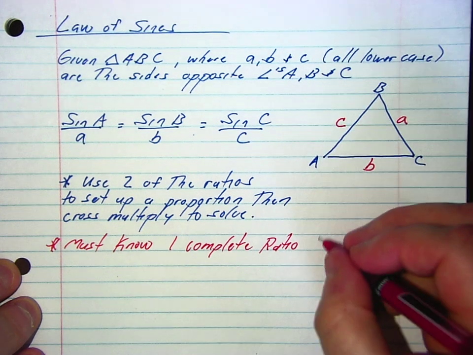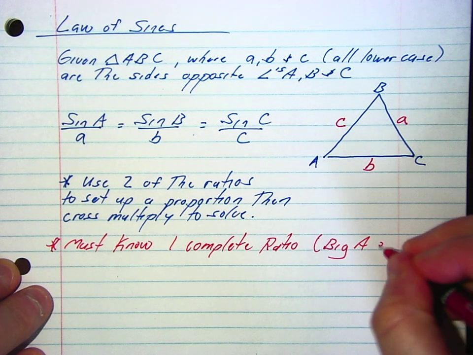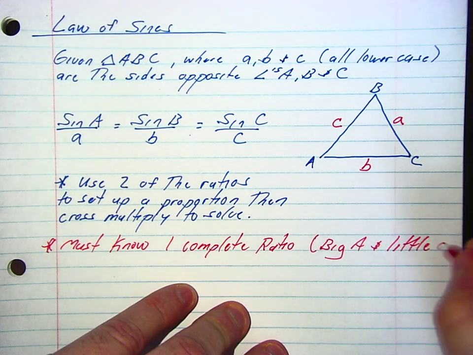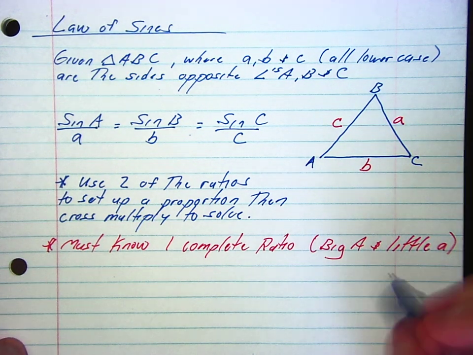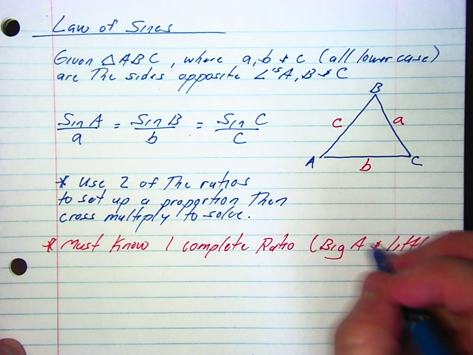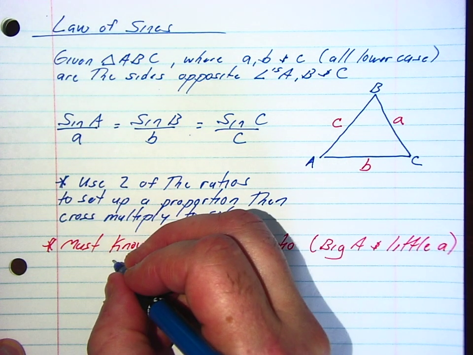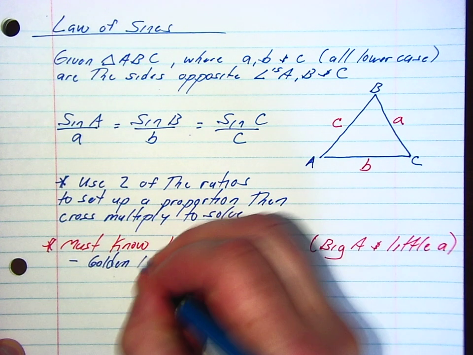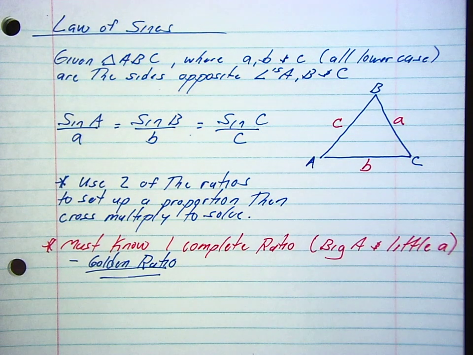Again, what I mean by that is, for example, big A and little a. I call that my golden ratio. So that's going to be our golden ratio, because you're going to use that to find everything else you need.